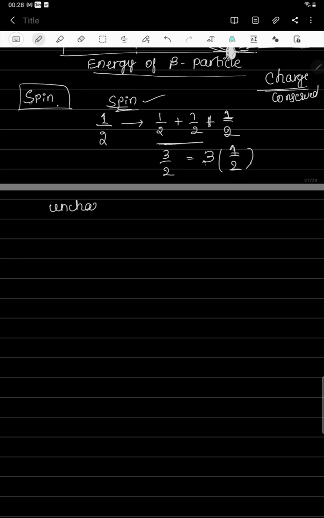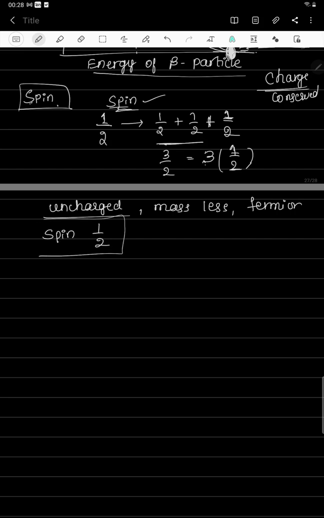It has very little mass, and it is a fermion, meaning its spin is 1 by 2. So the characteristics of the particle we need to add are: the charge should be 0, the mass should be very small, and it should be a fermion, meaning its spin should be 1 by 2.